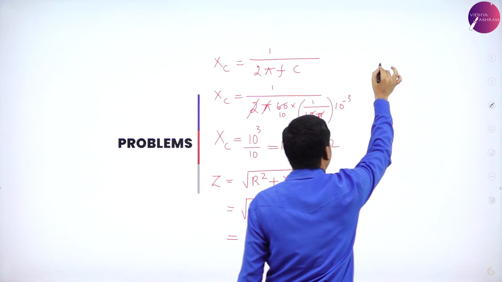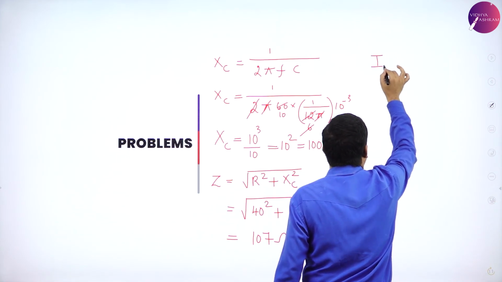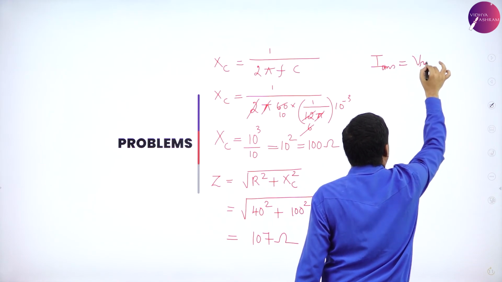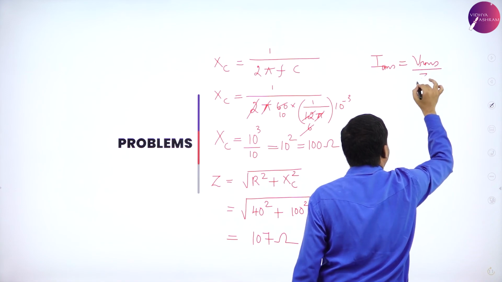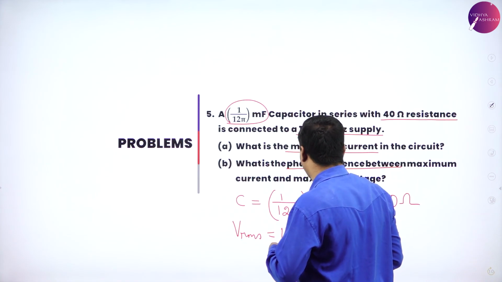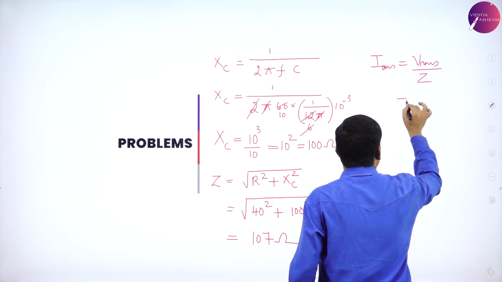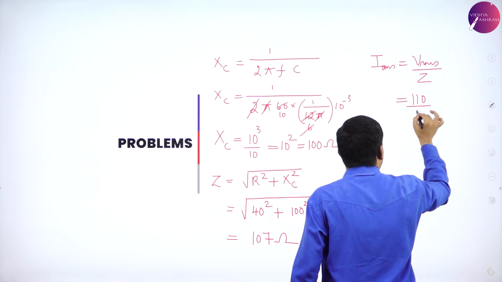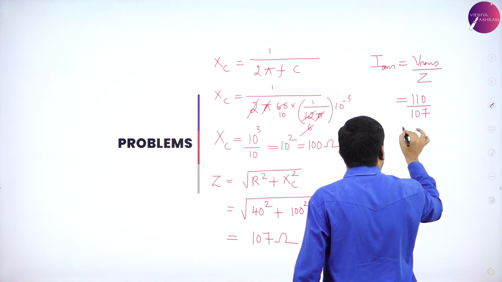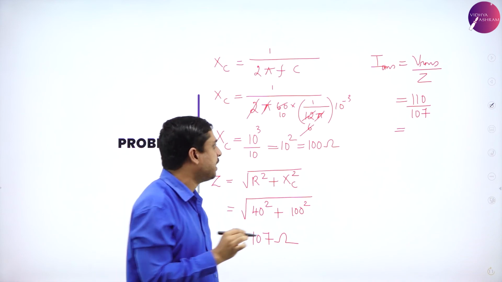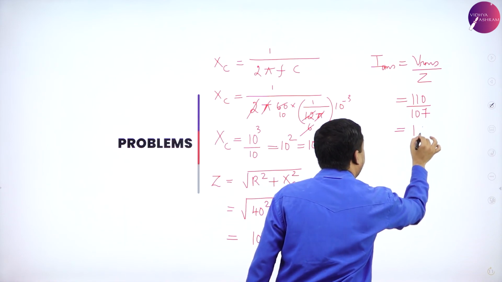Very good. IRMS, which is VRMS by Z. The value of VRMS is 110. So 110 by Z is 107, which is nearly some 1 point 1 ampere.